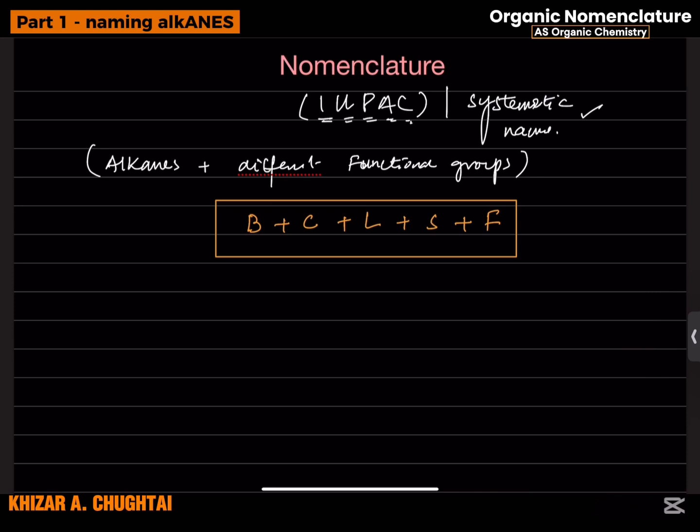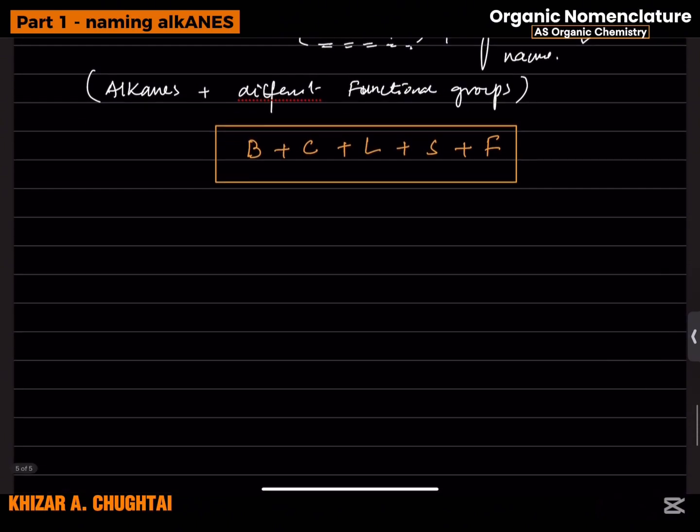Maximum 5 portions of a name are there, for any compound, for any functional group, alkane, alkene, alcohol, acid, amide, whatsoever is the compound. So generally, BCLSF.